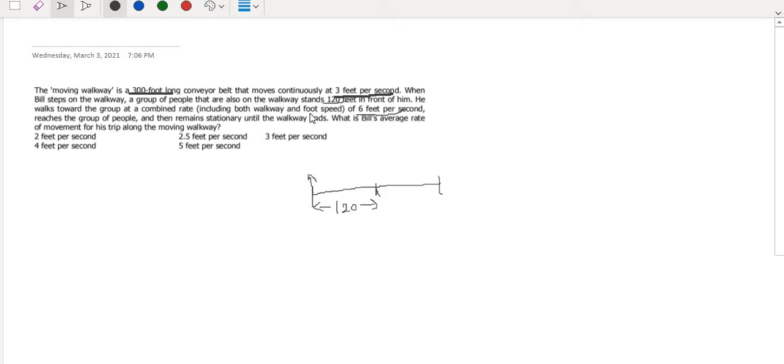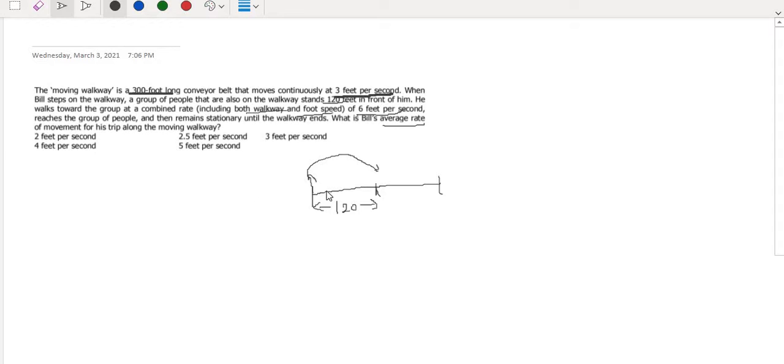Combined rate is his foot speed and walkway speed together. Once he reaches the group, he remains with the group, and the group and Bill together move at the speed of the walkway. You have to find Bill's average rate of movement for this trip.